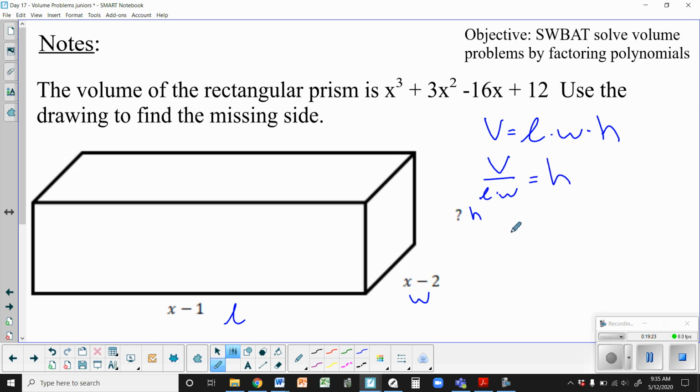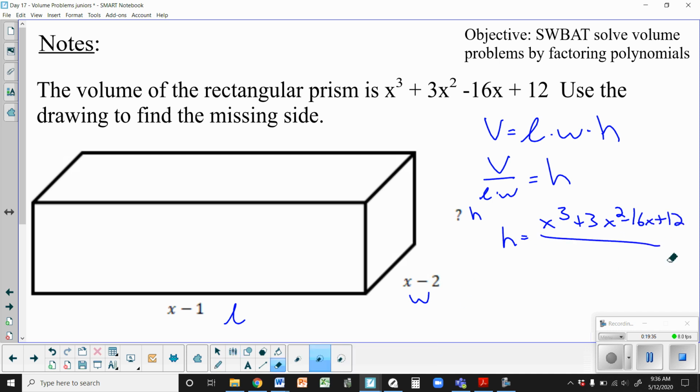So height is going to equal our volume divided by our length and our width. Our length in this case is x minus 1. Notice I'm going to put these in parentheses because they're being multiplied, and my width is x minus 2.